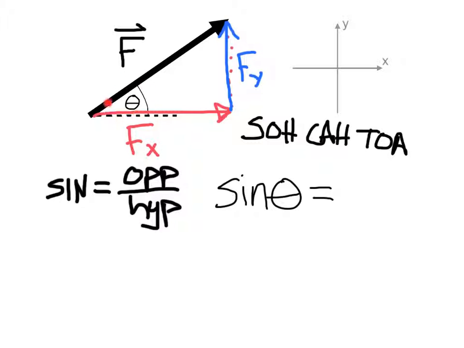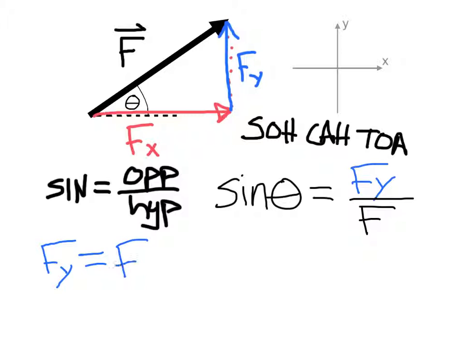So if we have theta here, then the side opposite theta, the one that doesn't touch theta, is fy. And the hypotenuse is just f, the magnitude of the vector. So if we solve this whole thing out, we get fy equals f times sine of theta.